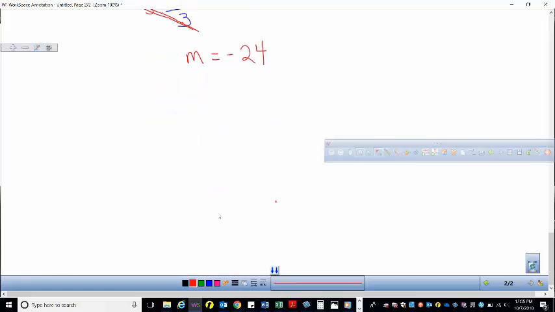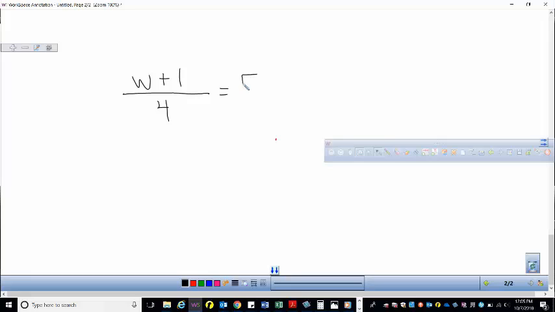Let me show you a special one. This one's a little bit different. If you have a big fraction and you have like w plus 1 over 4 equals 5. Because this one has a big fraction, the first thing you're going to do is work with this 4. So this means divided by 4. So the opposite of that would be multiplied by 4.